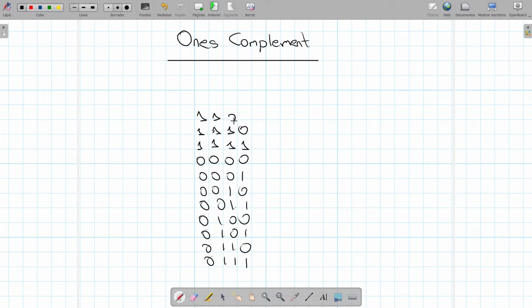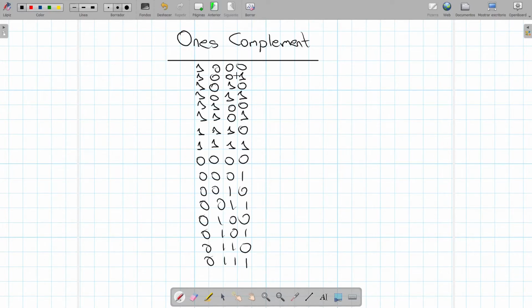Then we would have 1, 1, 0, 0, and so on, down to 1, 0, 0, 0.